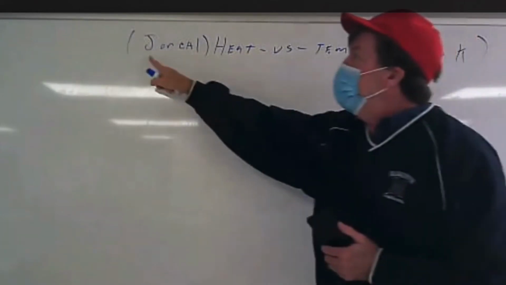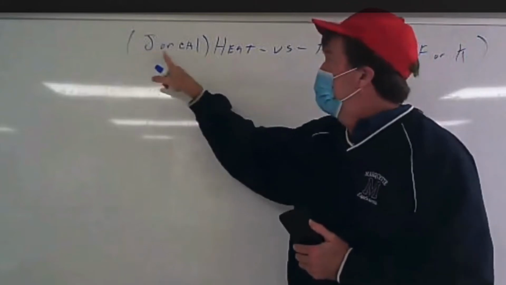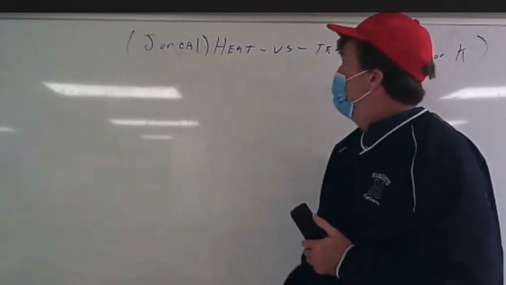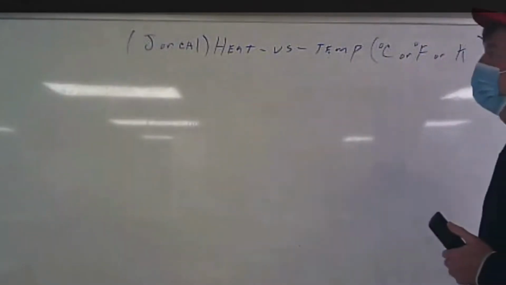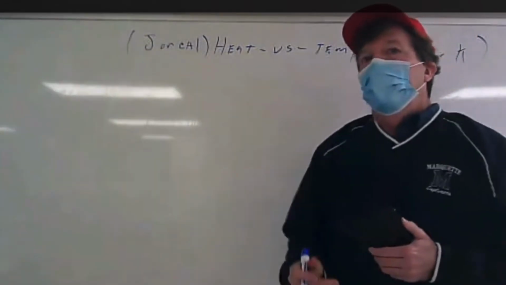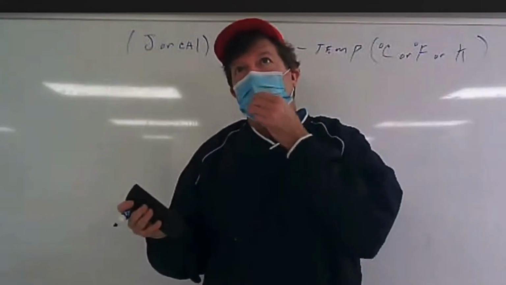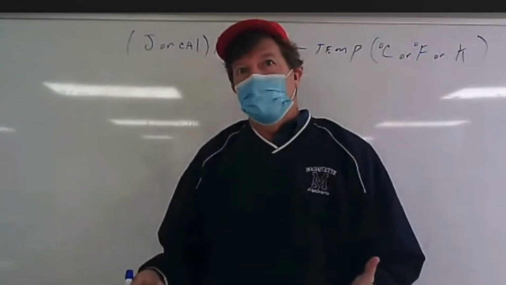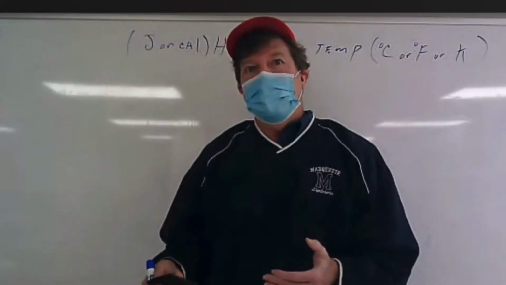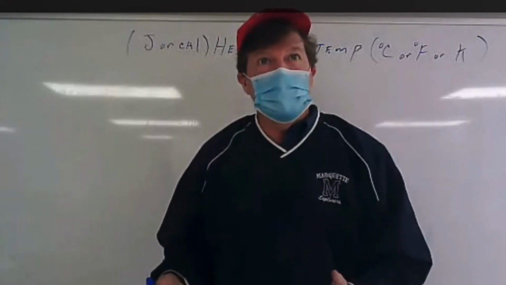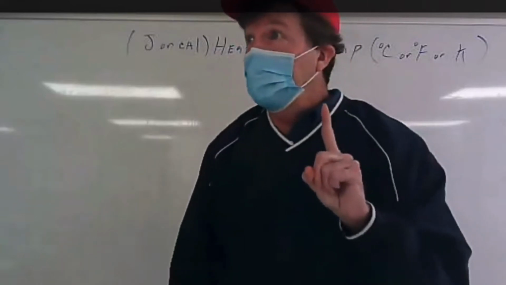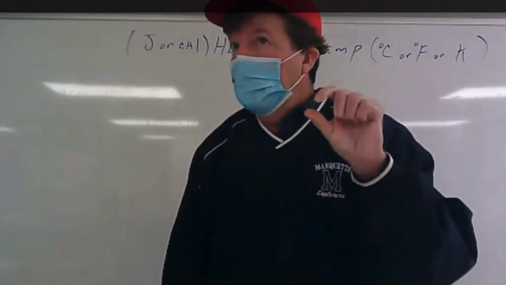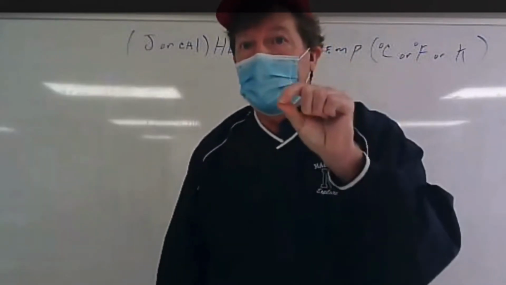You could have kJs, which is quite often in this class, or kilocalories. And again, degree C, Kelvin, or degree F. Well, if I have a small glass of water that's at 90 degrees Celsius, let's say it's got 50 grams of water in it, which, by the way, if you're dealing with pure H2O is 1.0 grams per milliliter.